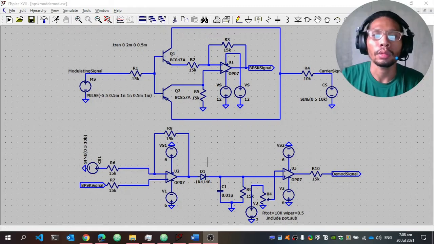Then this circuit will demodulate this BPSK signal input to get the original, or intelligence, signal, which is the modulating signal, a pulse.